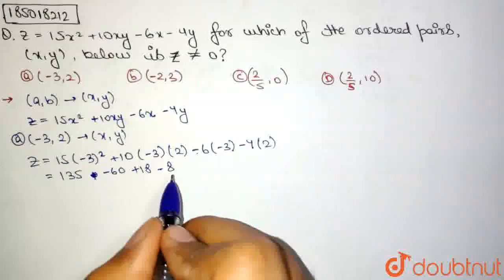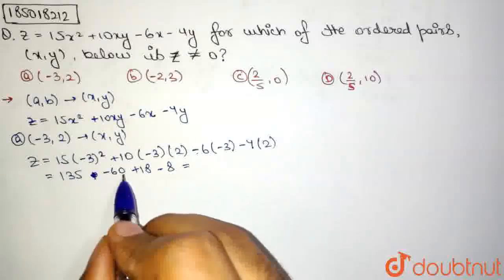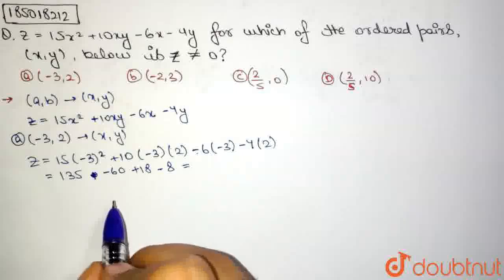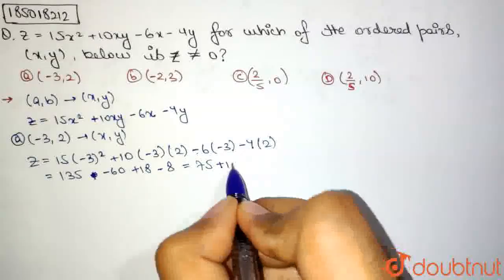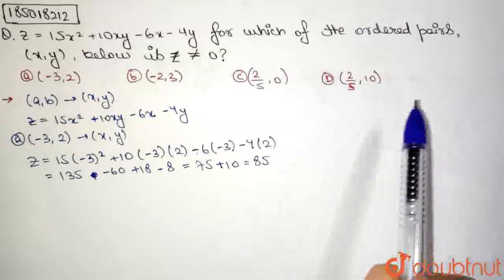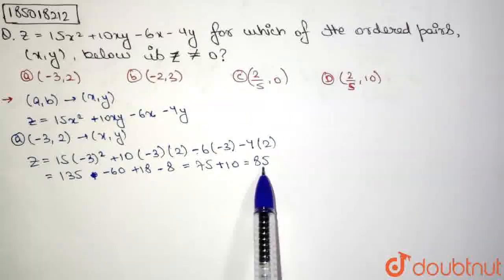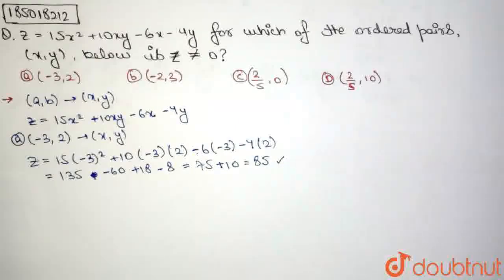So on adding all of these, we get 135 minus 60 plus 18 minus 8. So if we do these two together, we have 75 plus 10, which is equal to 85, right? So the question said, which of the following ordered pairs is not equal to 0? So z is not equal to 0, it is equal to 85. So our correct answer is absolutely A, right?